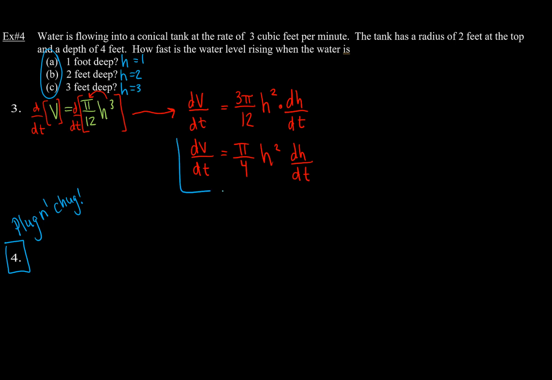So I'm going to use this function here, plug and chug, and then solve for dh/dt. So for A, my dV/dt is, remember, 3 cubic feet per minute.